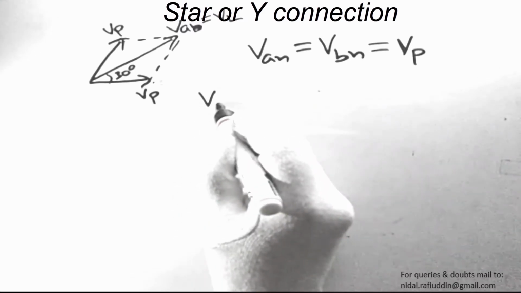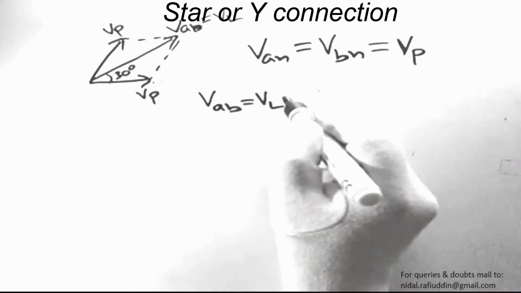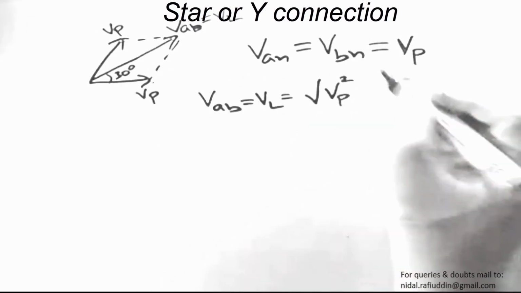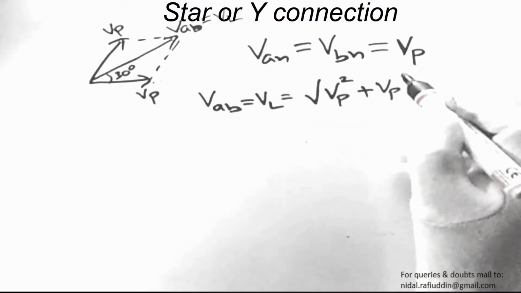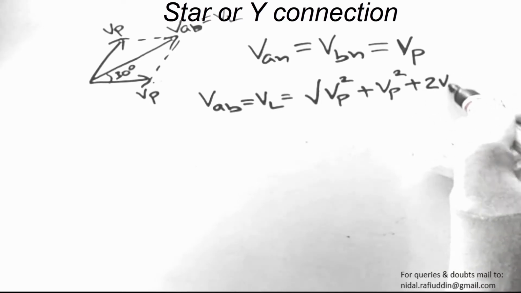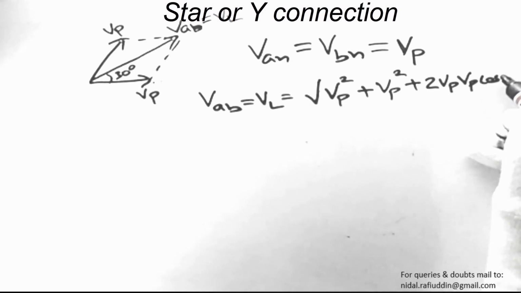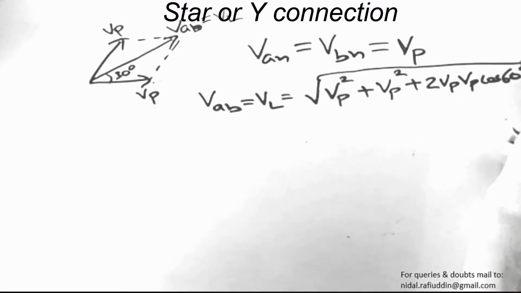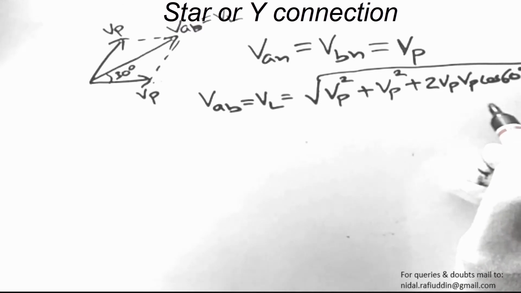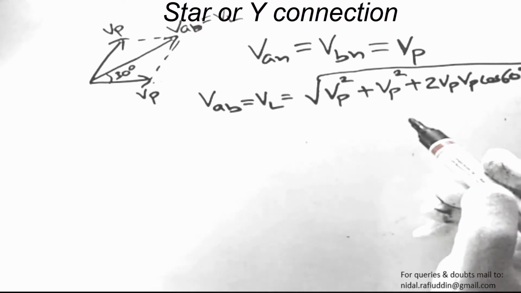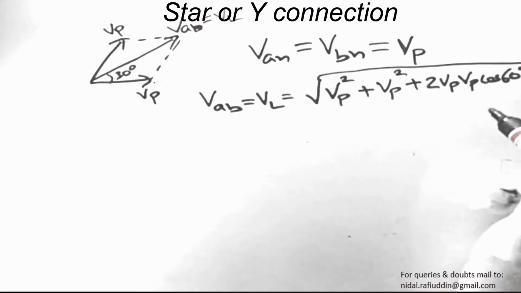So the resultant of these phasors, VAB or VL, will be equal to the square root of VAN squared or VP squared, plus VBN squared, again VP squared, plus 2 into VAN and VBN cos of the angle between them, which is 60 degrees. This is a shorthand method to find the resultant of phasors, and you must be aware of this formula. If you don't know it, you can find the components and arrive at the magnitude of VAB by this expression.